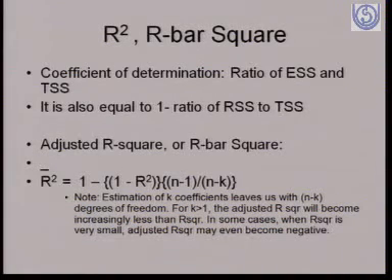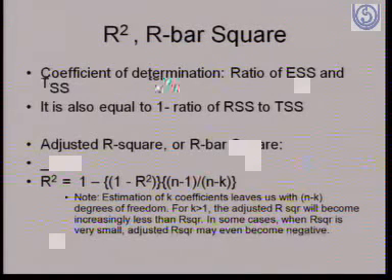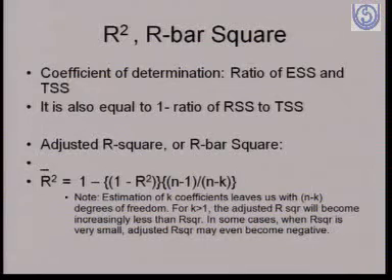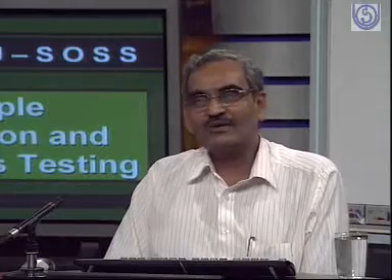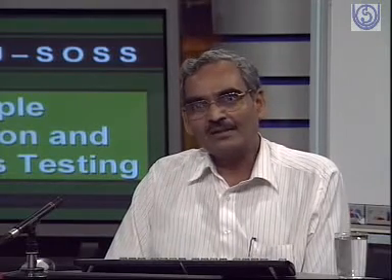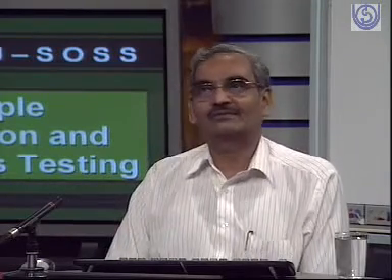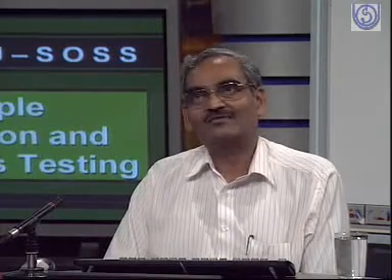What is it? It has been noticed that as we add more and more explanatory variables, R square keeps on rising. R square goes on increasing even when the variable we include does not really add to the explanatory power of the model. That variable may return a coefficient which is totally insignificant. The variable may be absurd in nature, yet the R square will increase.